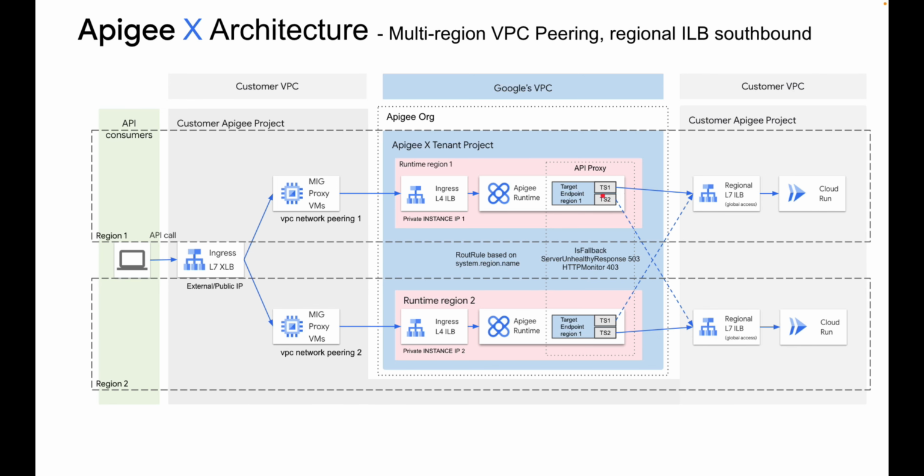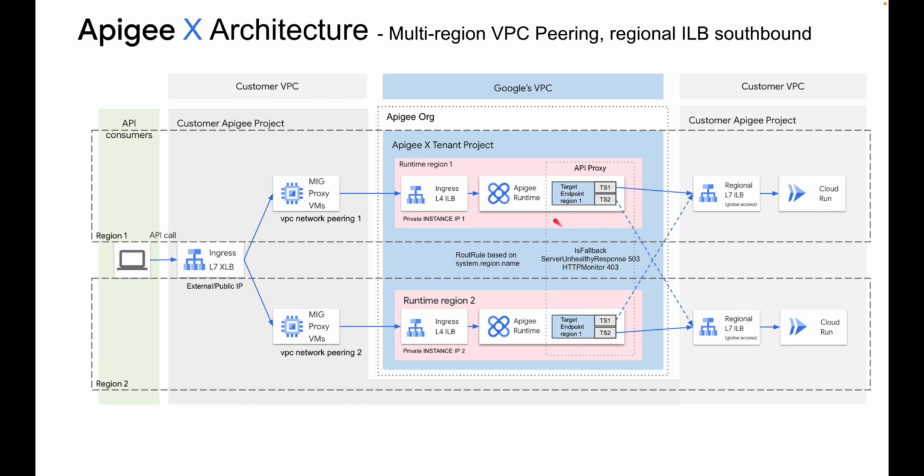But in case there is an error here, and the regional internal load balancer cannot be accessed, the second target server is used as a fallback to access the regional L7 internal load balancer in region 2, and vice versa with the API proxy configuration on region 2.